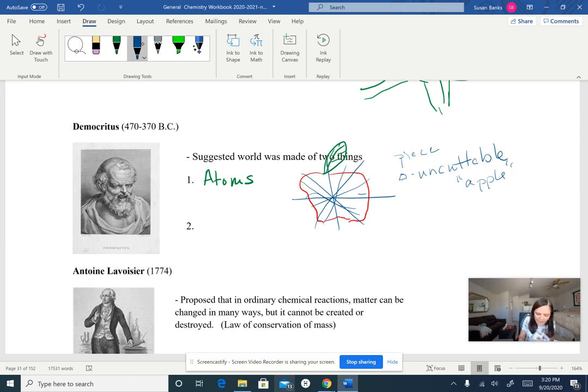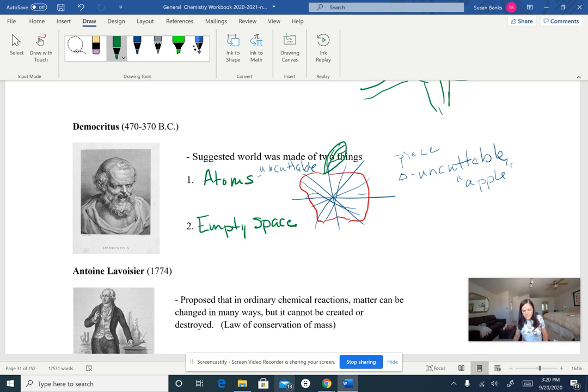Okay? So atoms mean uncuttable. And the other thing that Democritus thought made up matter was empty space. So he thought we had atoms and empty space.